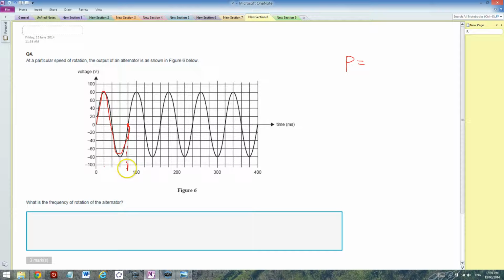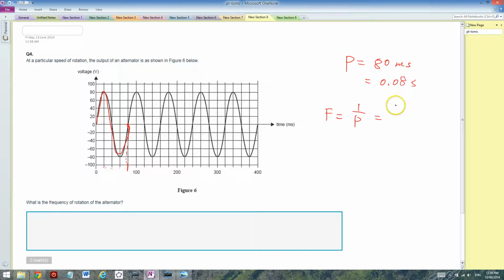Sorry, 2, 3, 4, 20, 40, 60, sorry, 80 milliseconds. Converted into seconds, it will be 0.08 seconds. So the frequency is 1 on the period.